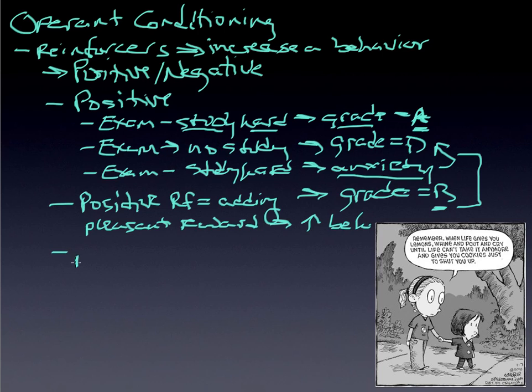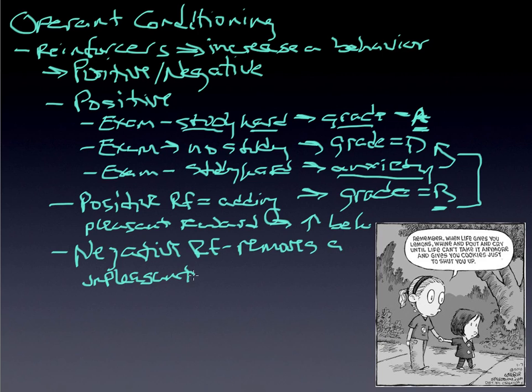In negative reinforcement, it's the removal of an aversive. Negative reinforcement is when the behavior removes an unpleasant state or condition, which by doing so increases the behavior that way, by removing something aversive.